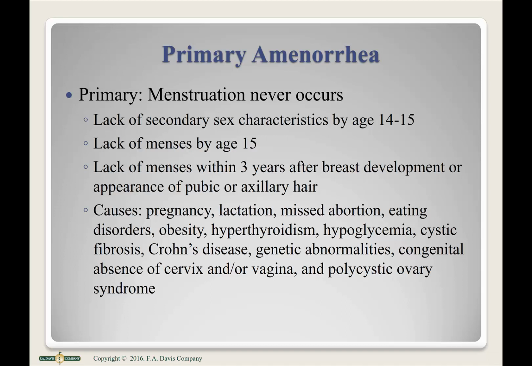So primary amenorrhea is when the menstrual cycle never occurs in the adolescent person. Basically, it never occurs. Now, I wanted to point out the causes can be pregnancy, or a missed abortion, or lactation. If she never has a menses, then how can she become pregnant or have a missed abortion?